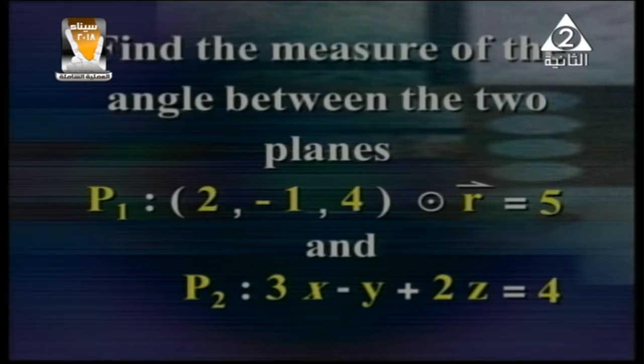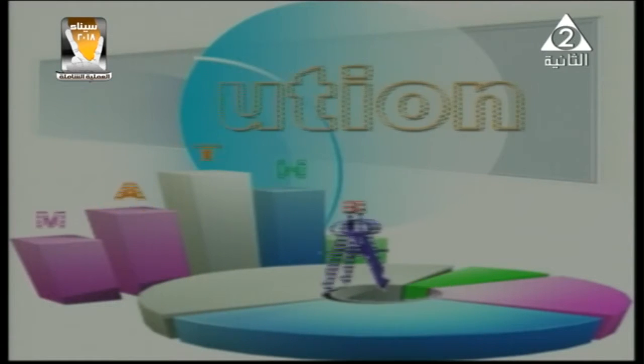What is the required measure of the angle between two planes? What is the rule? Excellent student. Cosine theta equals norm N1 dot N2 over norm N1 times norm N2. Dear student, look at the solution.